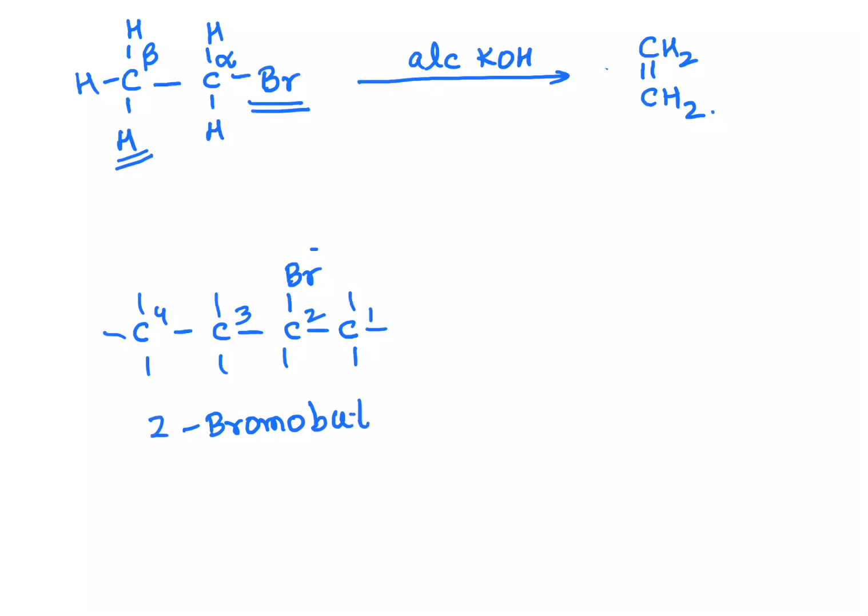Now you carry out the dehydrohalogenation, removal of the hydrogen and removal of the halogen, or what we also call beta elimination reaction, in which a single bond is getting converted into a double bond.